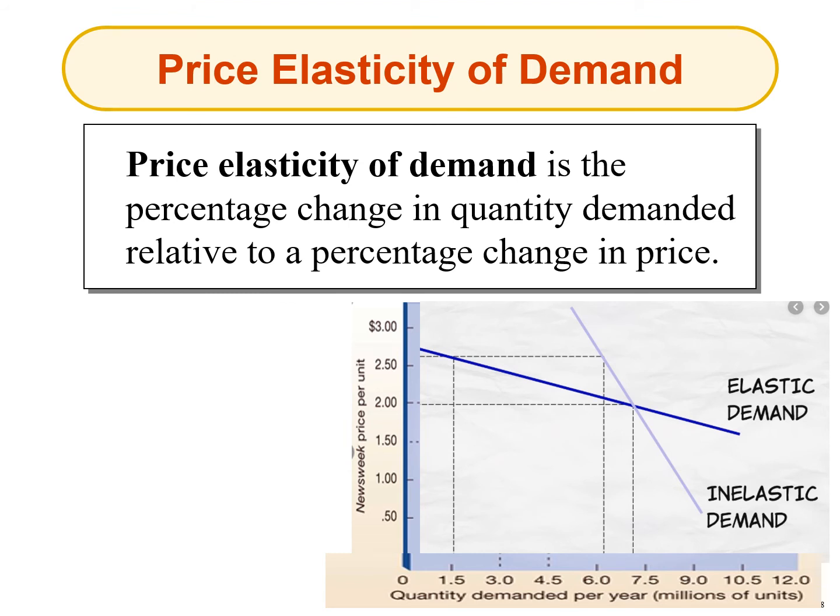So your change in quantity sold wasn't much with the reduction in the price. So that's an inelastic demand. Basically, this elastic and inelastic demand, whatever is happening over there, is called price elasticity of demand, which is the percentage change in quantity demanded relative to a percentage change in price.